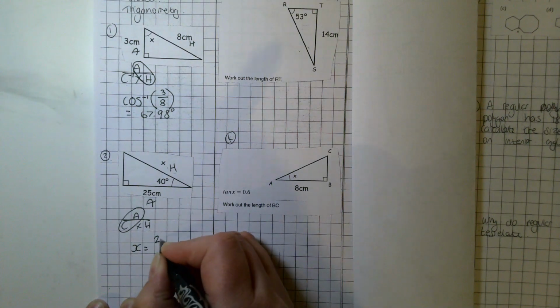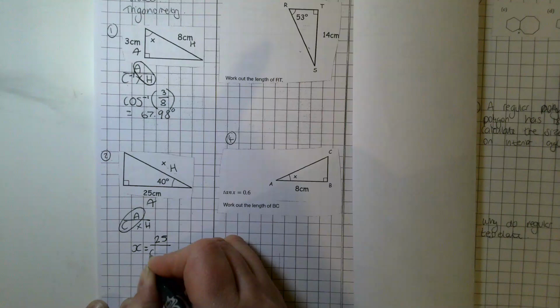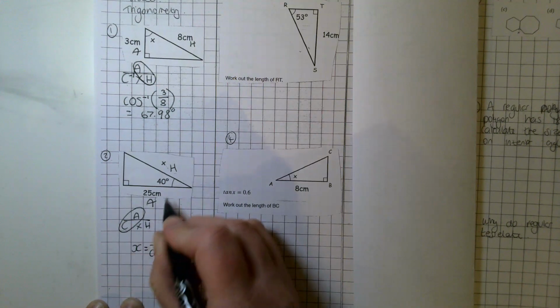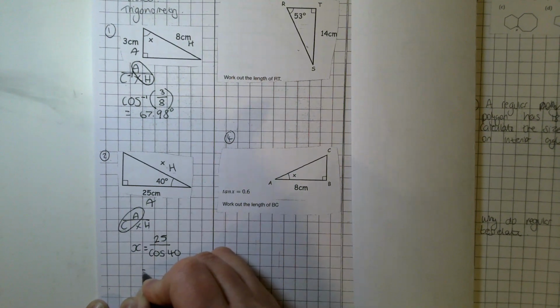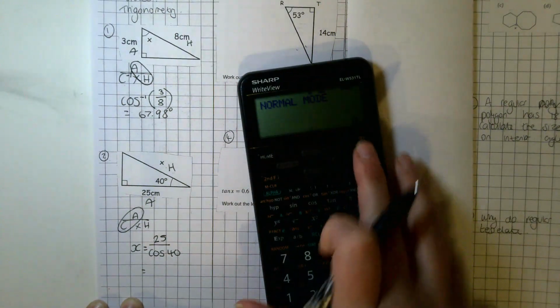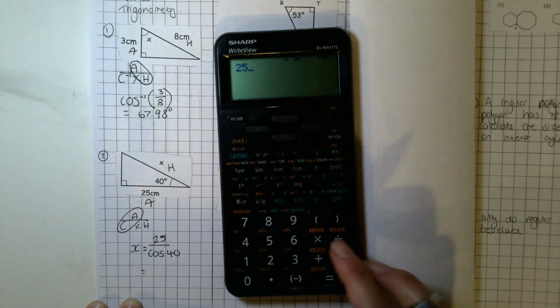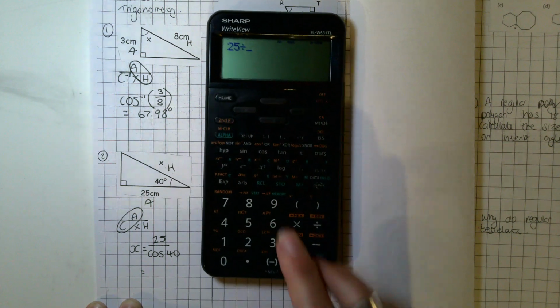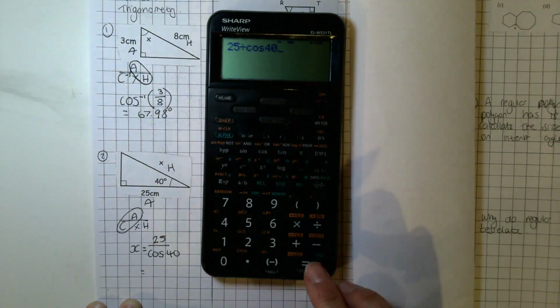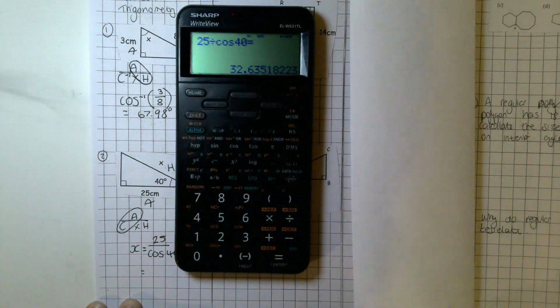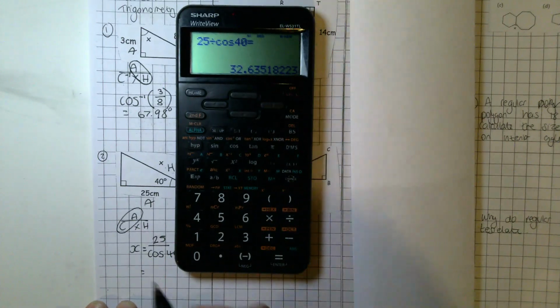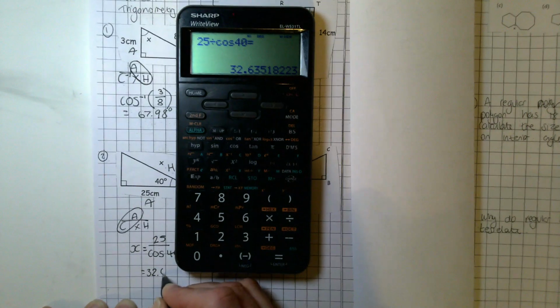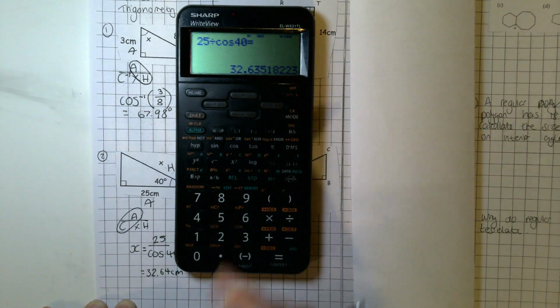A, which is our adjacent, divided by C stands for cos, and whenever you write cos, you've got to write the angle. And let's pop that into our calculators. 25, we can use our division sign, make our life a bit easier. Divide by cos 40, and rounding that off to 2 decimal places, 32.64 centimetres.